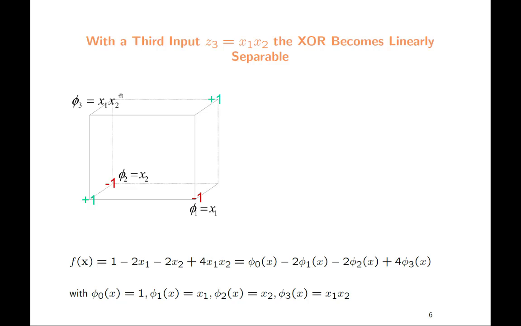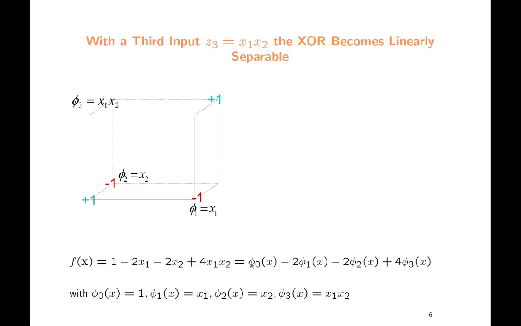So in 3 dimensions, with this way of defining the third basis function, phi 0 would be the constant, phi 1 of x would be x1, the first basis function, phi 2 of x is equal to x2, the second basis function, and phi 3 is the third basis function, x1 times x2.